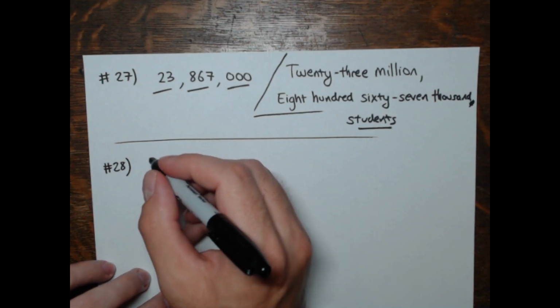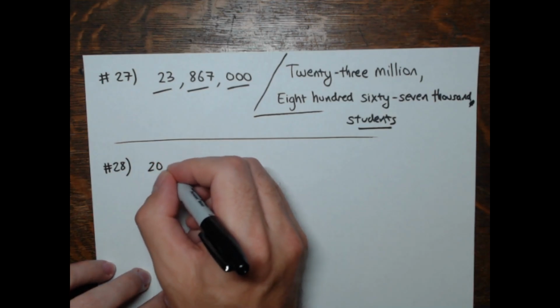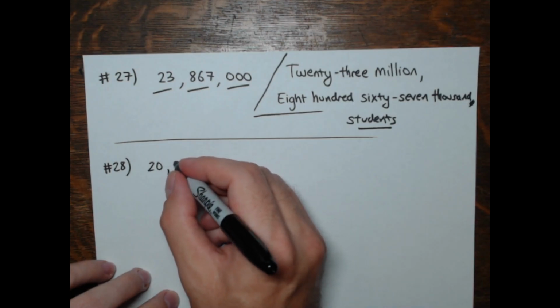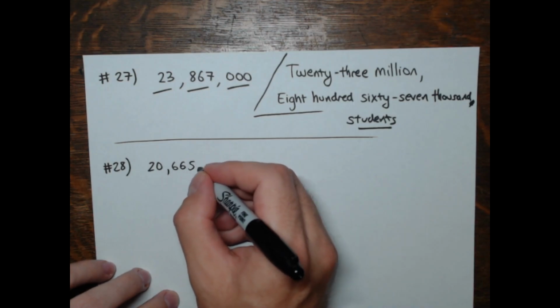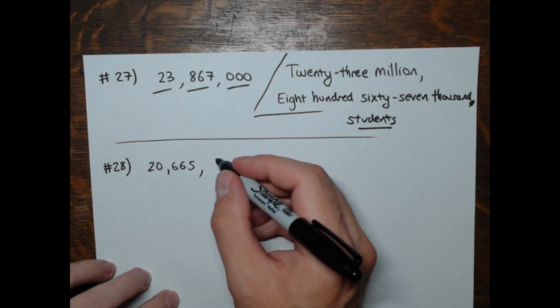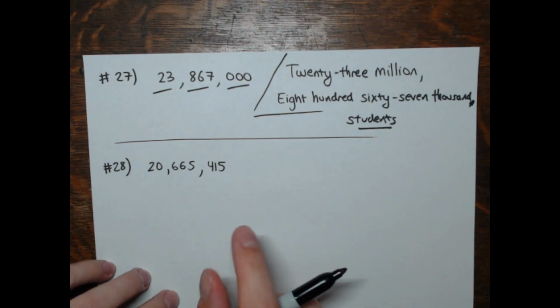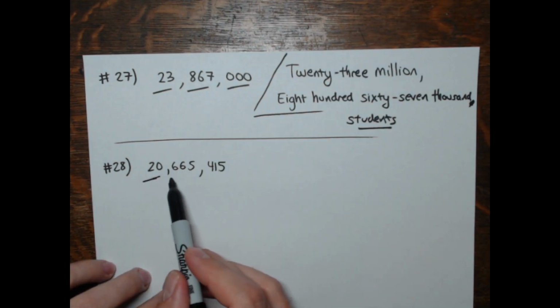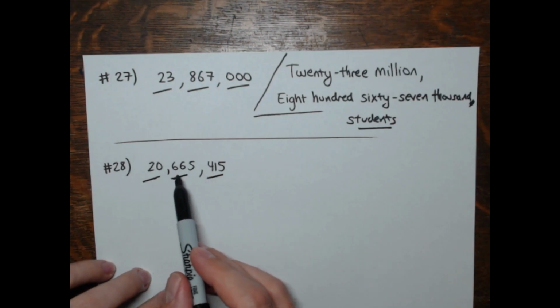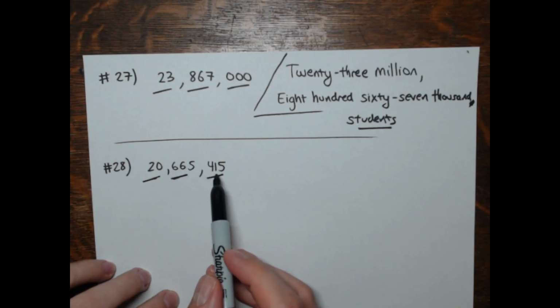So the number given in 28, you have 20, comma, 665, comma, 415, right, 415. So once again, the three periods: millions, thousands, ones.